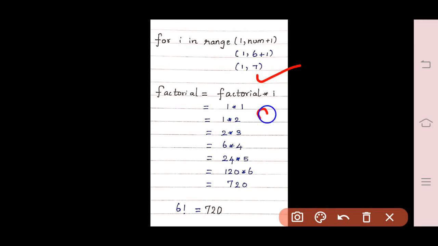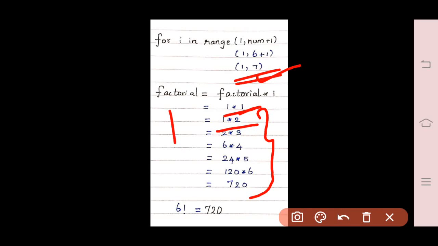This is how the calculation takes place for this range. What is the initial value for factorial? It is 1. So first time you will have 1 into 1, which is 1. Then again 1 into 2, which is 2. Then 2 into 3 is 6.